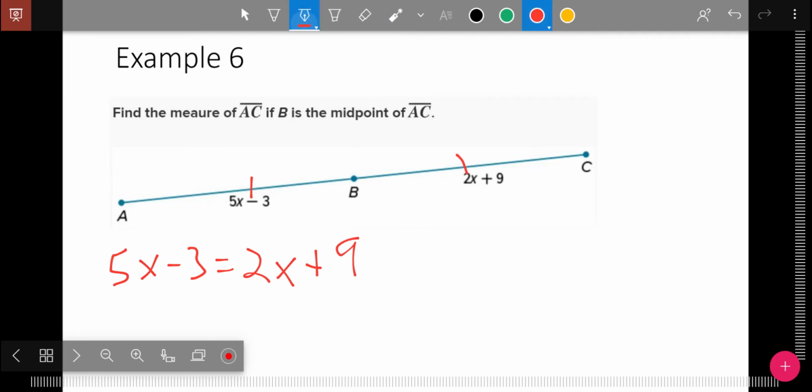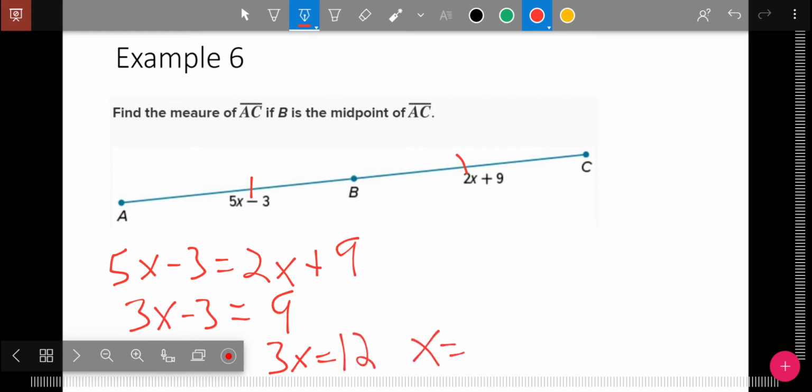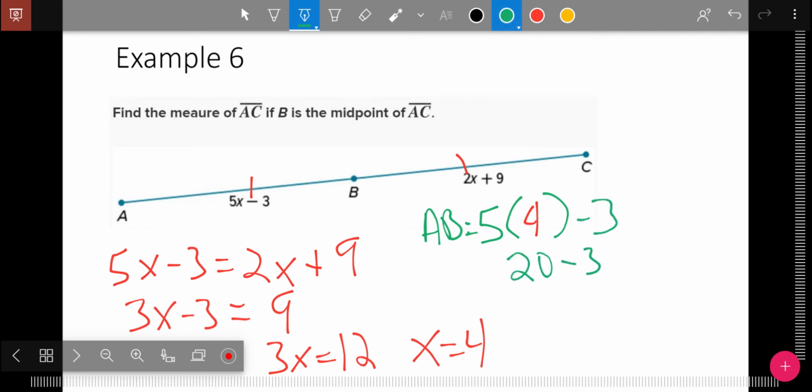So I go ahead and do the math. Minus 2x to both sides. Add 3 to both sides. Divide both sides by 3, and I get x equals 4. Now, I want to first plug in where I can. So I'm going to plug in for AB. 5 times 4 minus 3 is 20 minus 3 is 17.